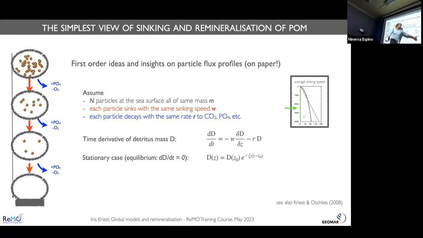And we get a vertical detritus profile that says at a given depth the detritus concentration will equal the detritus concentration at some upper depth, say 200 meters, times an exponential function of the decay rate divided by the sinking speed, multiplied by the distance traveled by detritus. So that's under the assumption that all particles sink with a constant sinking speed and remineralize at the same rate. And it can be solved just on paper. We don't need a global model for this, and not even a local one.